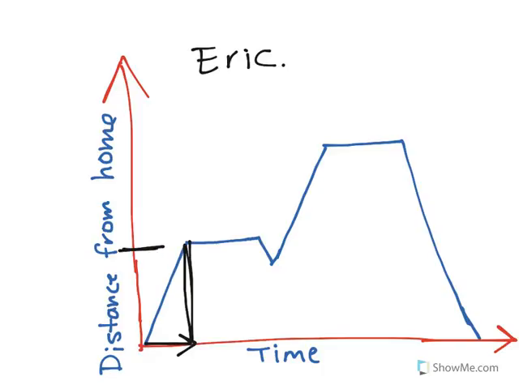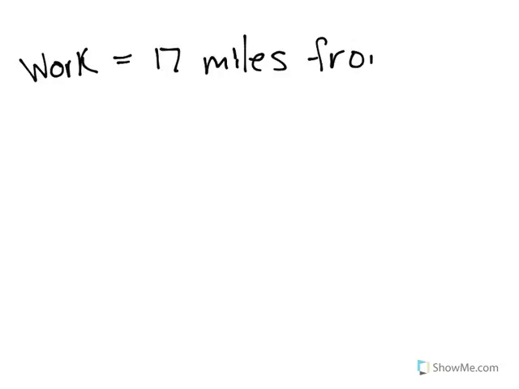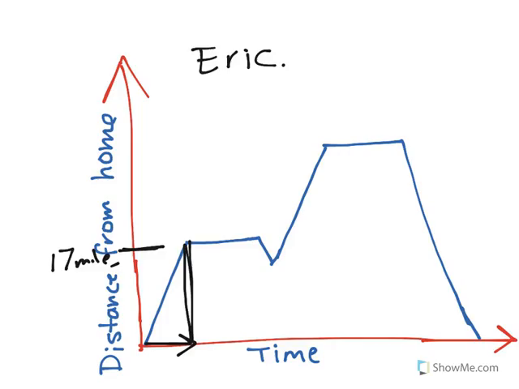Let's say this is equal to maybe 17 miles and his work is 17 miles from home. So we see that he travels 17 miles in a given time. We suppose that he's going to his work.